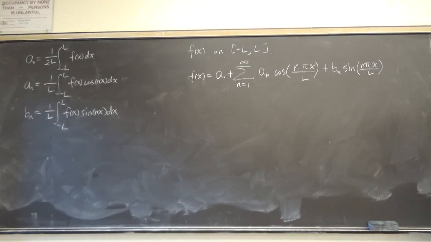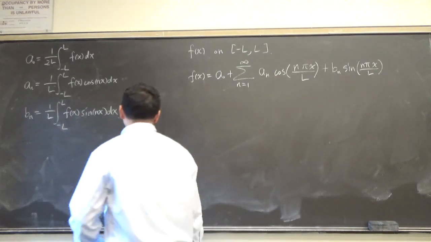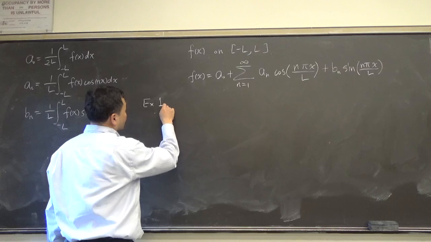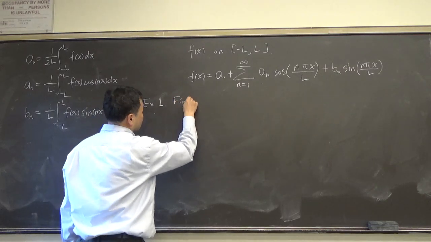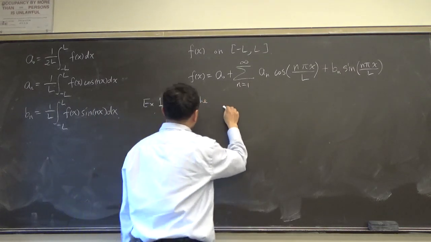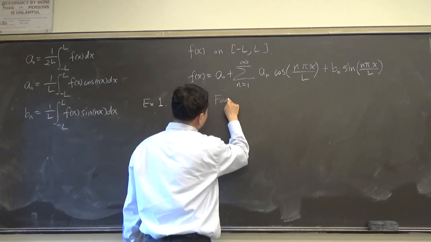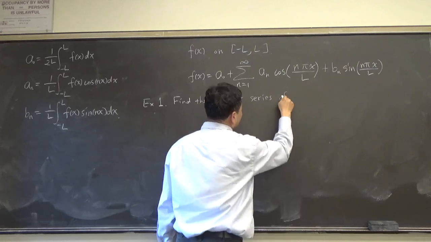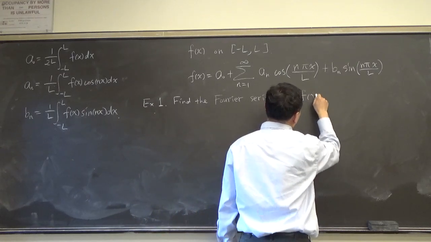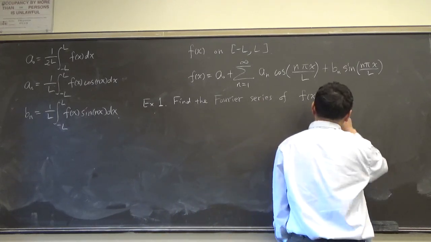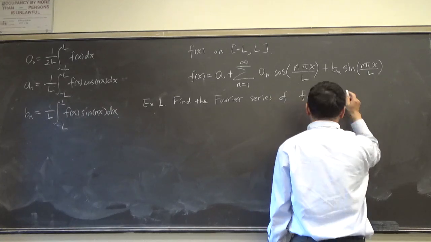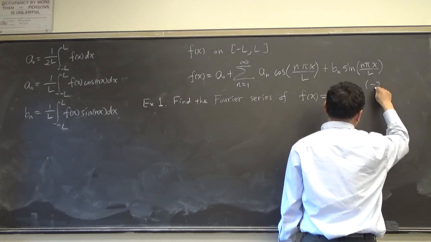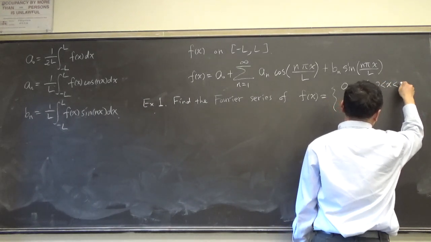So let me show you an example. Find the Fourier series of f of x, and let's say it's 0 when x is between -2 to 0.